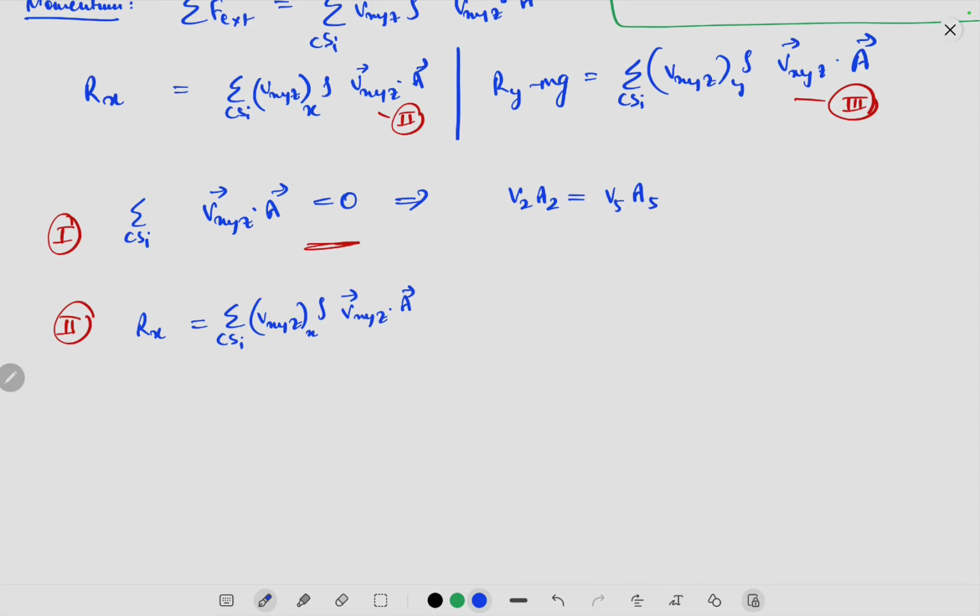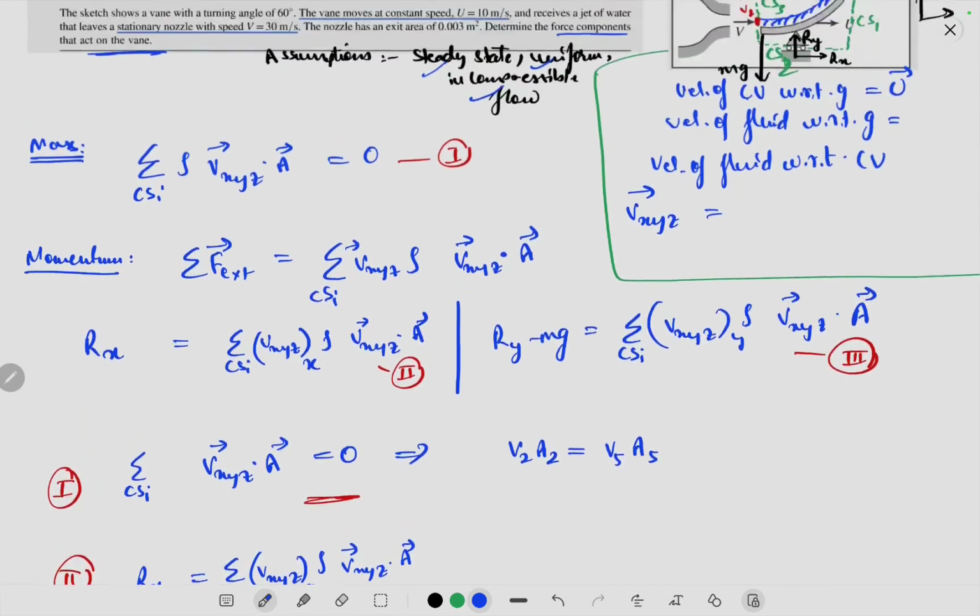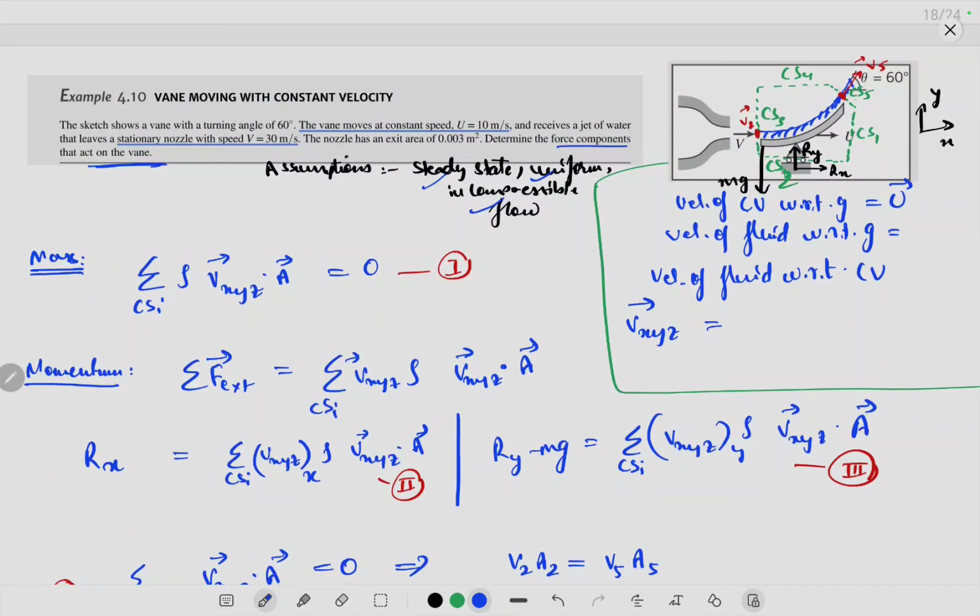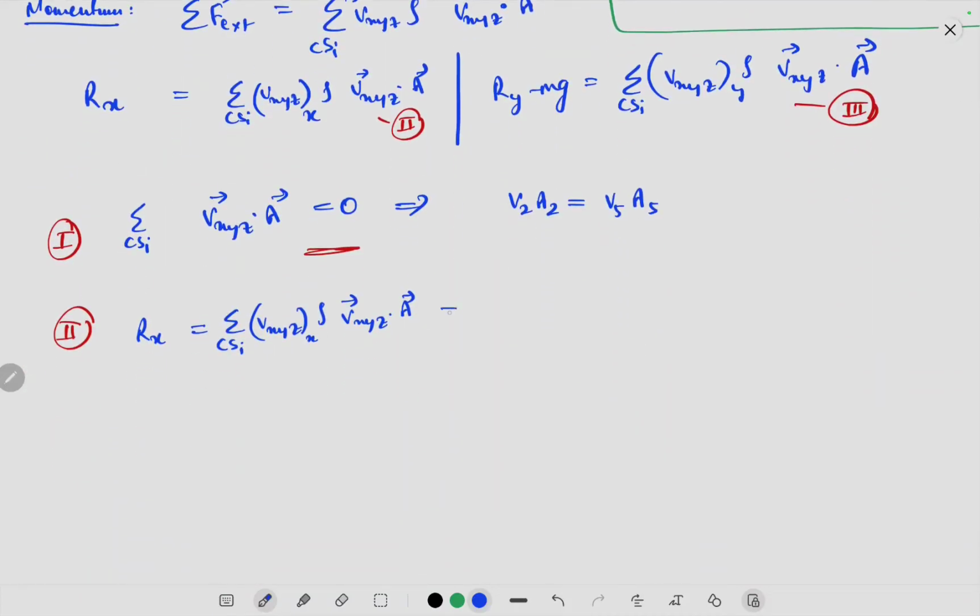Now for this term only CS3 and CS5 are going to contribute. Since rho is only for one fluid, we can write rho outside.